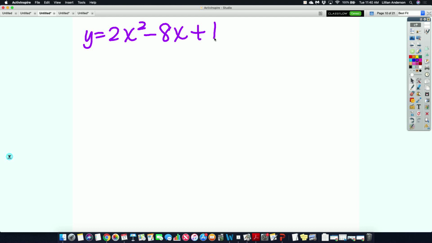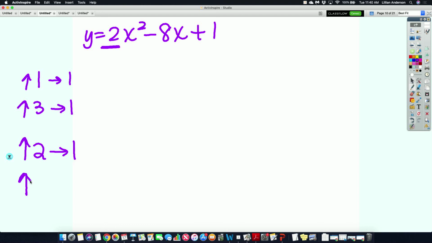It would be multiplied by what number? 2. The 2. Whatever the A is on the outside, it affects the pattern. So I'm not going to go up 1 over 1 and then up 3 over 1. I'm going to go up 2 over 1 and then up how many? 6 over 1. No matter what, you're always going to go over 1.